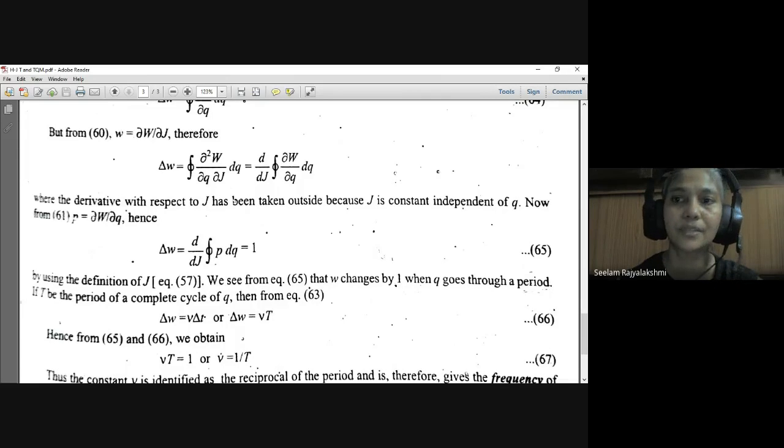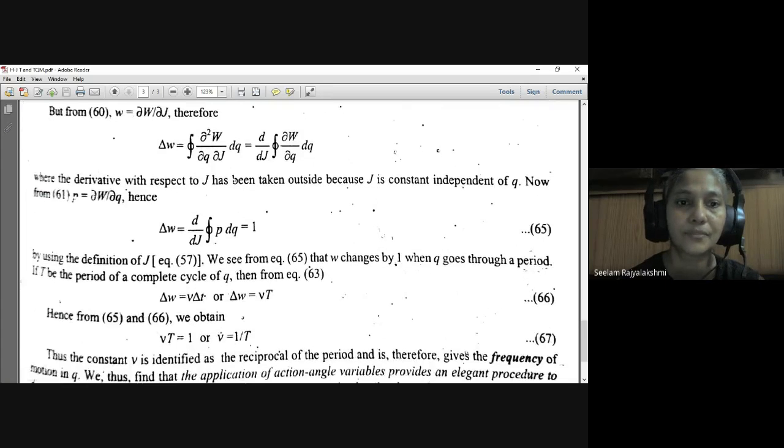Now from equation 61 we have p = dou W by dou q, hence delta omega = d by dJ of the integral over a complete period of p dq, which equals 1.